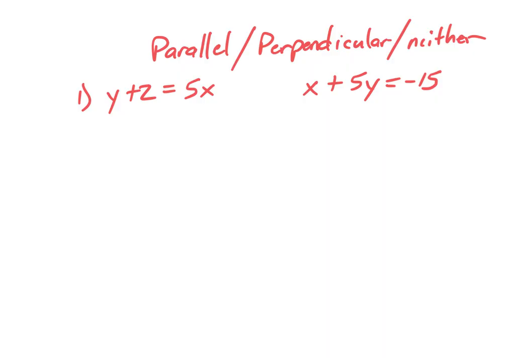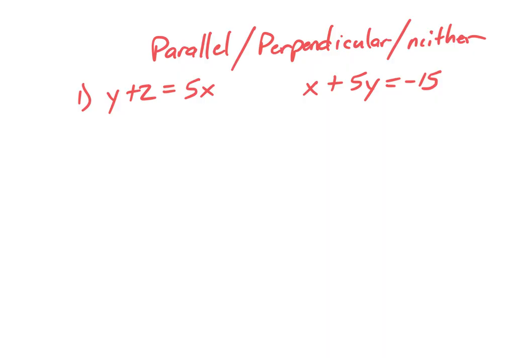Hey, and it would be nice if we could just look at these two equations and say, boom, there's my slope, right? And sometimes maybe we'll be able to. It all kind of depends on which format we have this in. Ideally, if it was in slope-intercept form, then it would be pretty nice, right? And so neither one of these are in slope-intercept form as it sits right now.